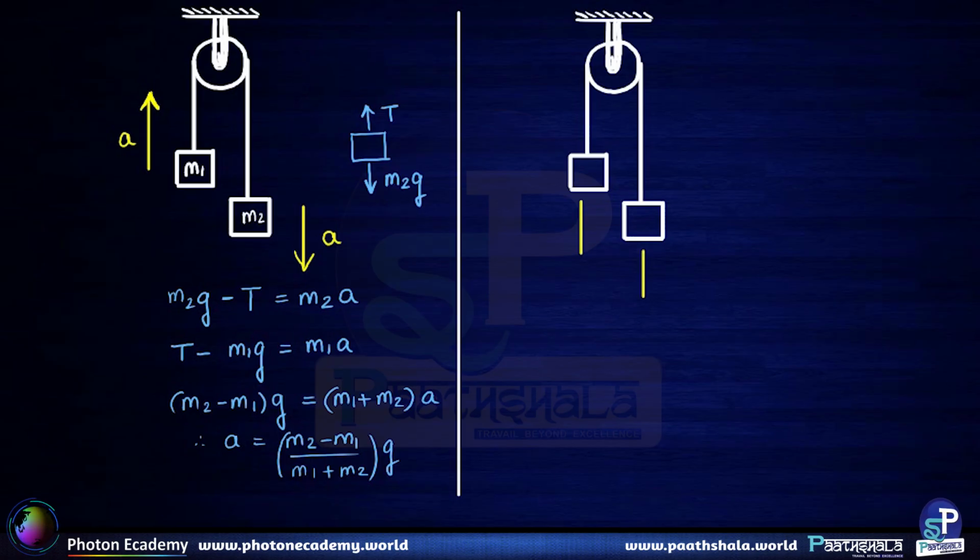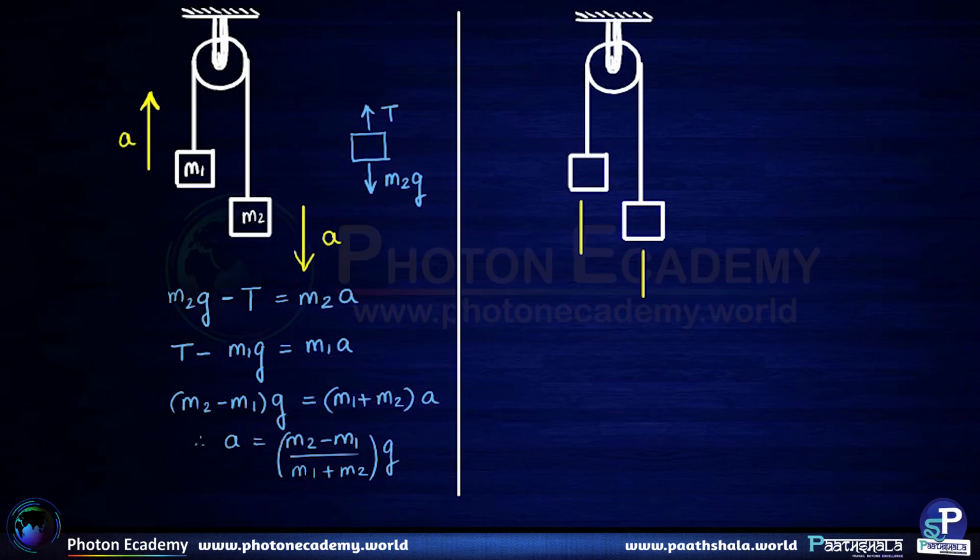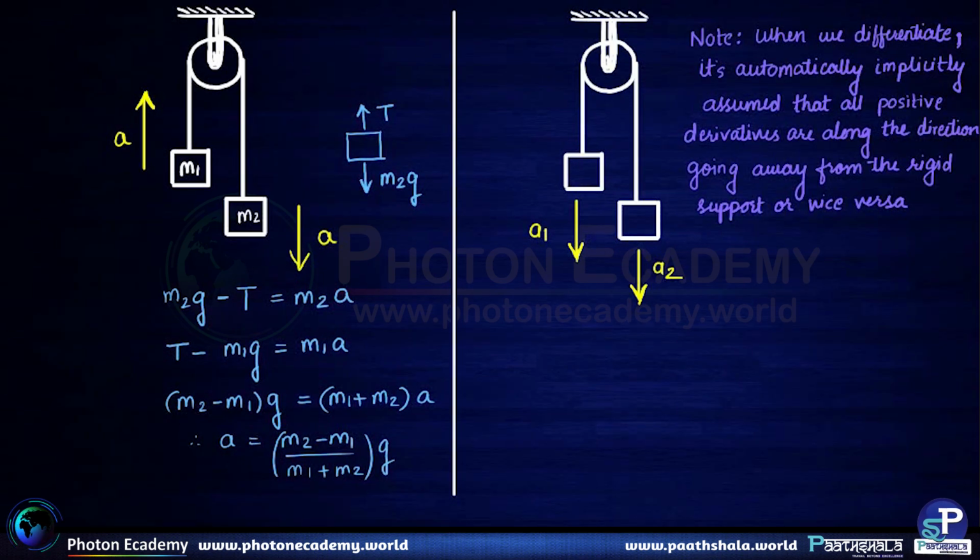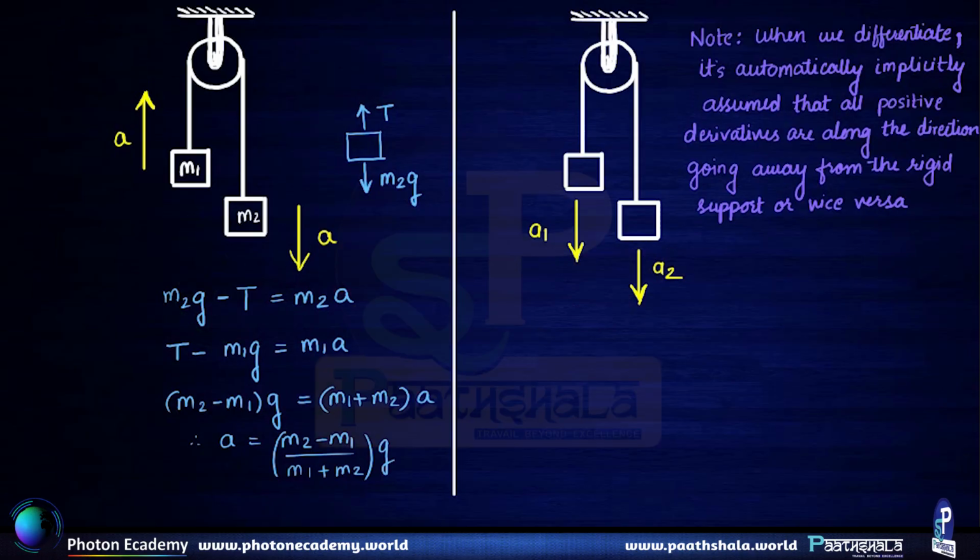So generally speaking, it's allowed to assume both the accelerations to be pointing away from the rigid support or both the accelerations to be pointing towards the rigid support. Why is that so? The reason why we take both the accelerations to be positive in the downward direction will be apparent in a moment.